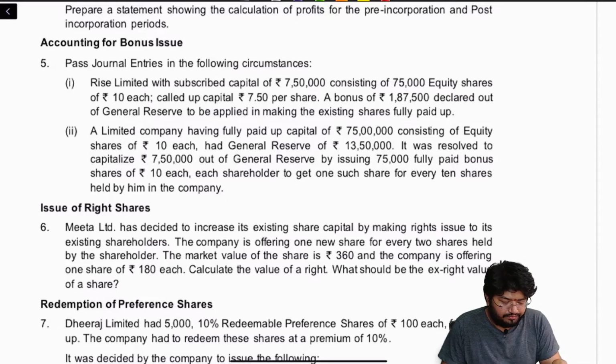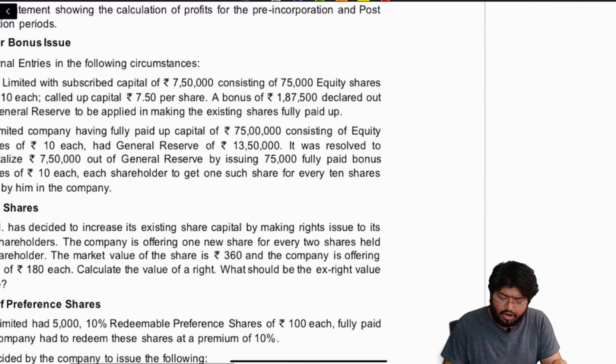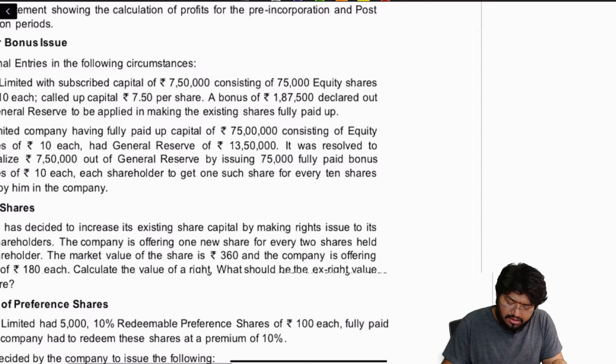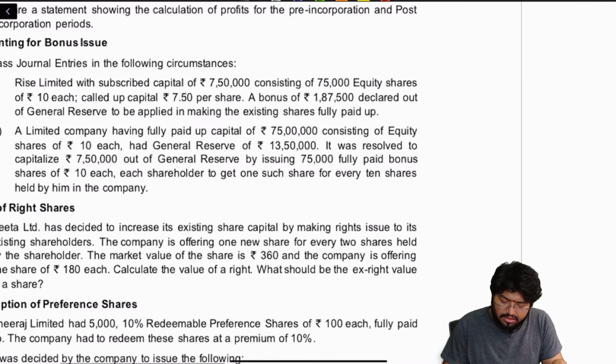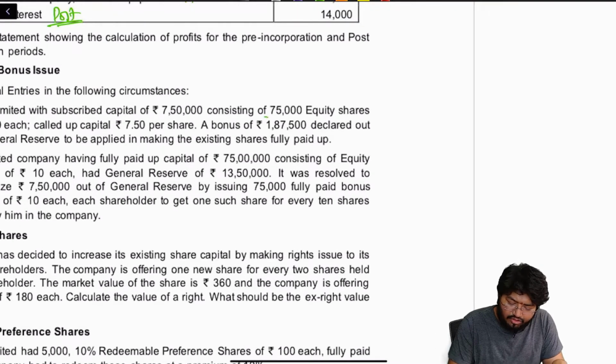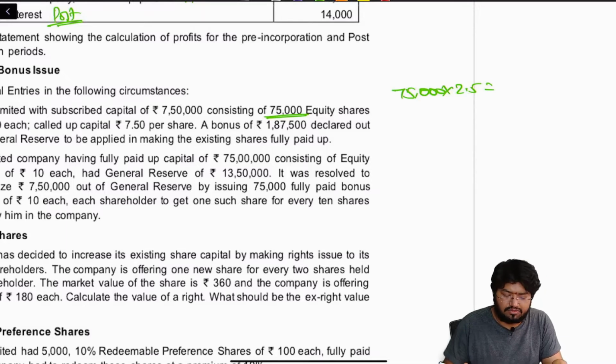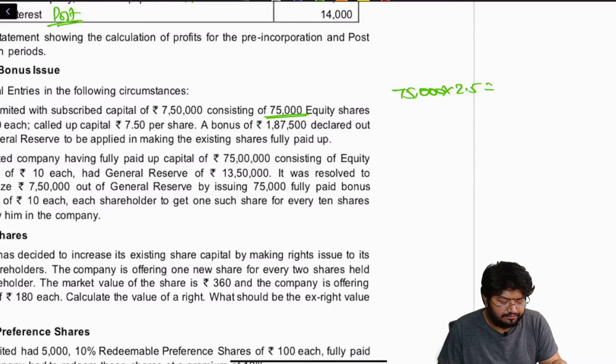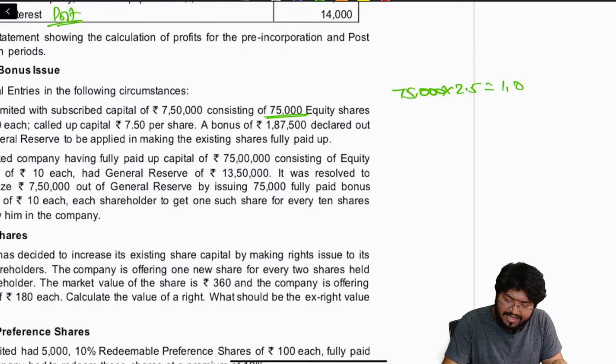So what you can do is, 75,000 shares are there. 75,000 into 2.5, how much is it? Please see whether it is equivalent to 1,87,500 or not, first of all. Yes, sir, it is 1,87,500.